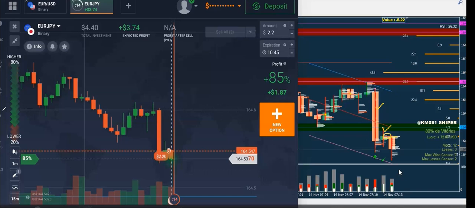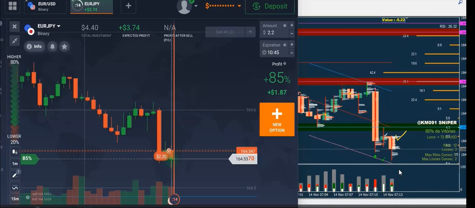That made me clear that this will be a seller candle. What are those two things?